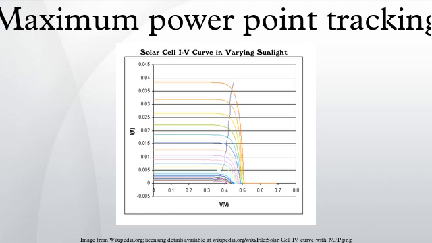The perturb and observe method can produce oscillations of power output around the maximum power point even under steady-state illumination. The incremental conductance method has the advantage over the perturb and observe method that it can determine the maximum power point without oscillating around this value.